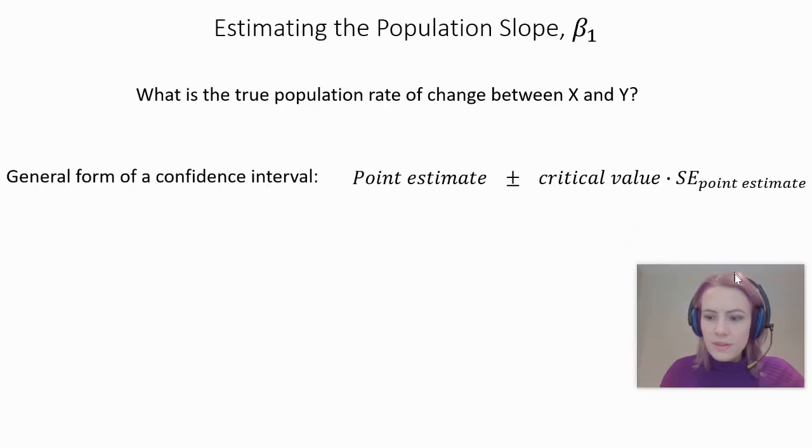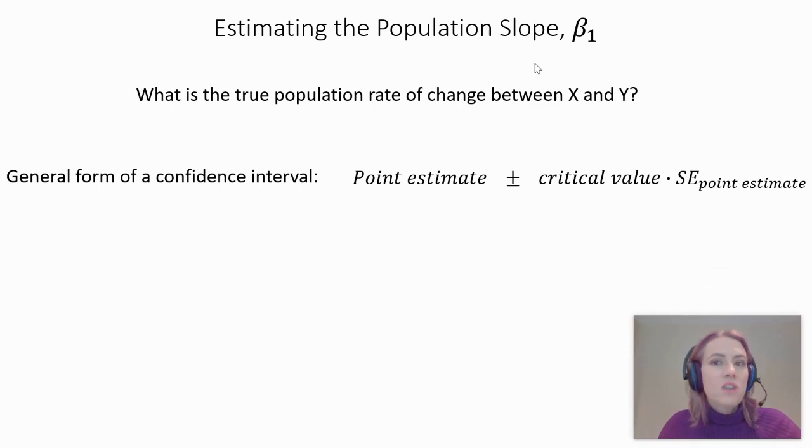Okay, so let's think about constructing this confidence interval to estimate the true population regression line slope. All the confidence intervals this semester have the same basic layout. We'll have a point estimate at the center of the confidence interval, and then we'll go plus or minus a margin of error in both directions, above and below.